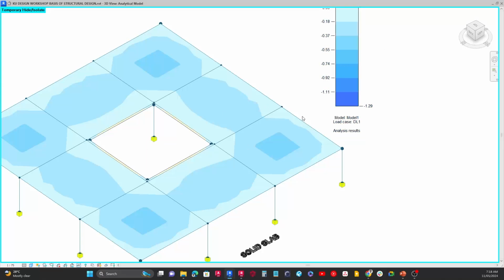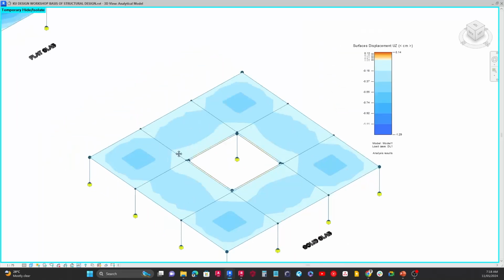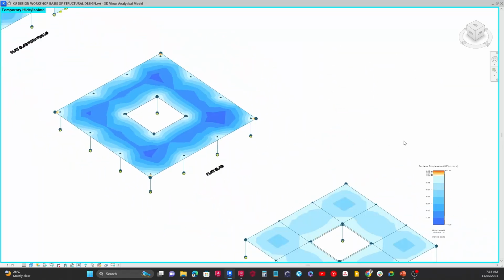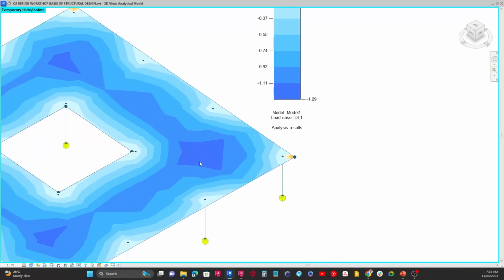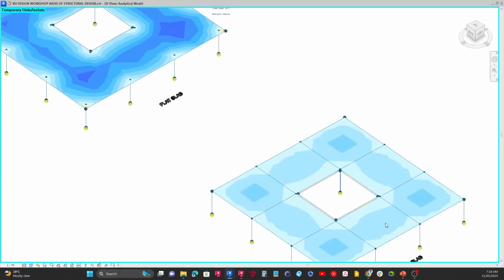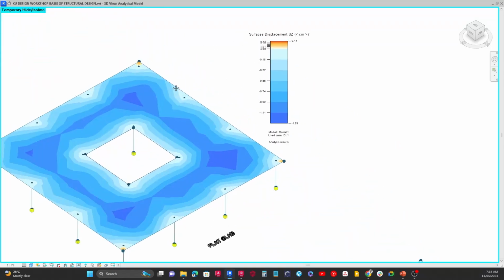It's almost negligible. But if you look at the flat slab here, because of the absence of those beams, we're going to have higher displacements. You can see that it's quite much compared to the one that had the solid slab.